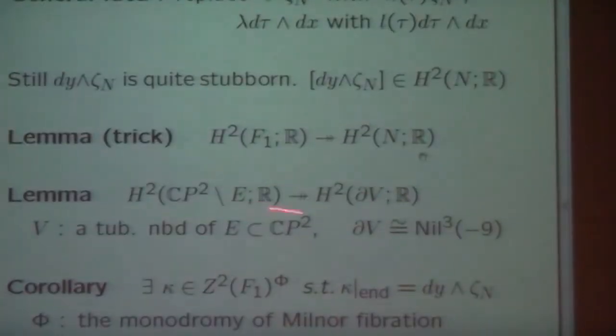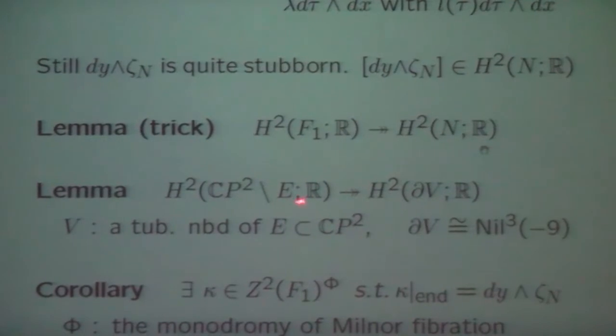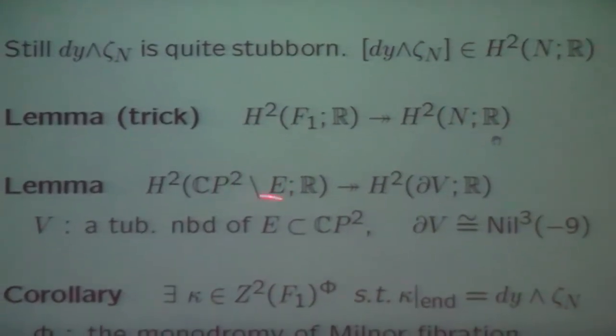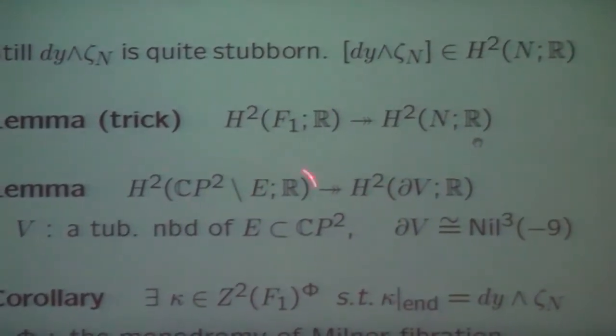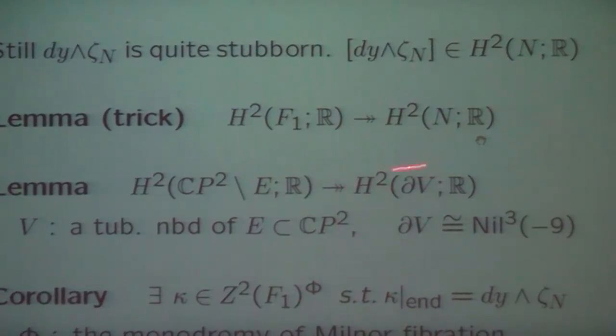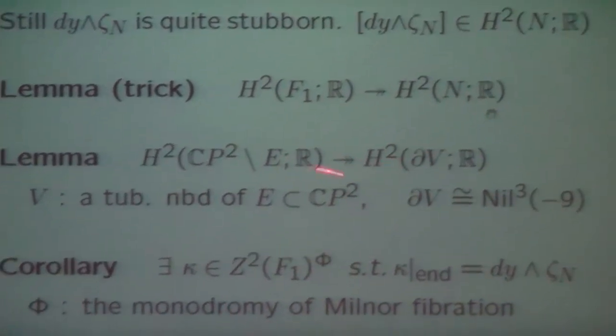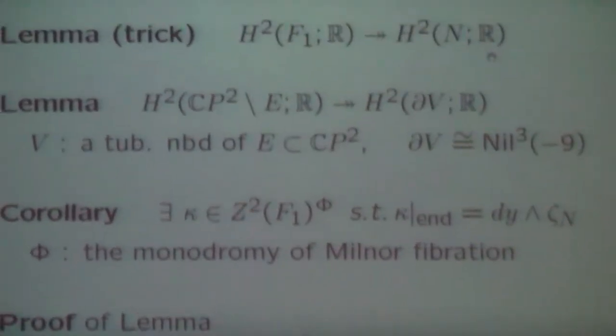And this claim goes down to this claim: the exterior of the elliptic curve, from the second cohomology to that of the boundary of the tubular neighborhood, that is surjective, and it's proved simply by the Mayer-Vietoris argument.